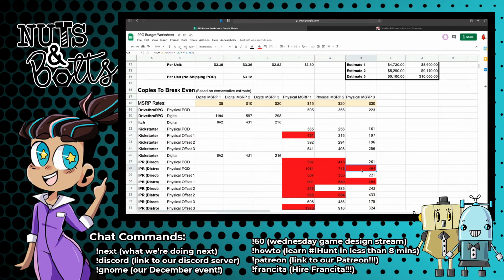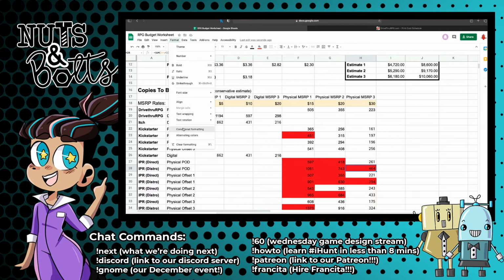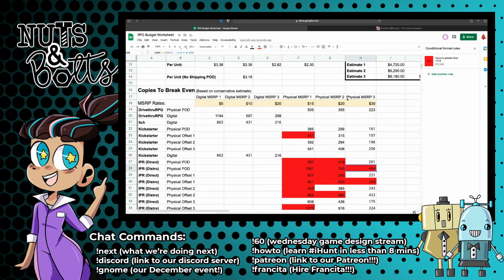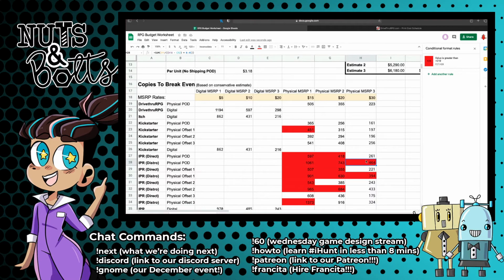Let's see, data, conditional formatting. Let's see, and this is going to be C10, if it's greater than C10. I don't know why it didn't recalculate.